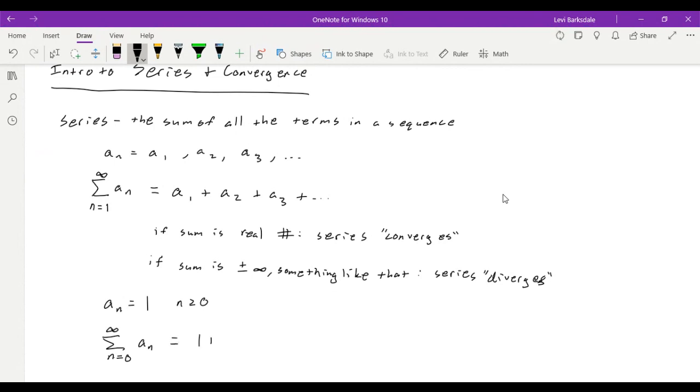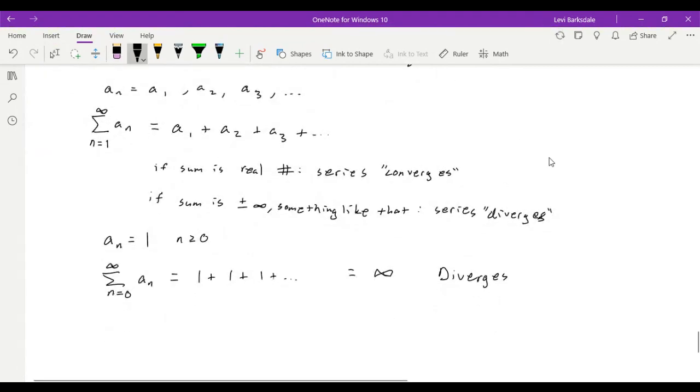We could write that out as just 1 plus 1 plus 1 plus so on forever. Clearly, if you take a 1 and add it up an infinite amount of times, you'll get infinity. So this is a simple series that diverges.